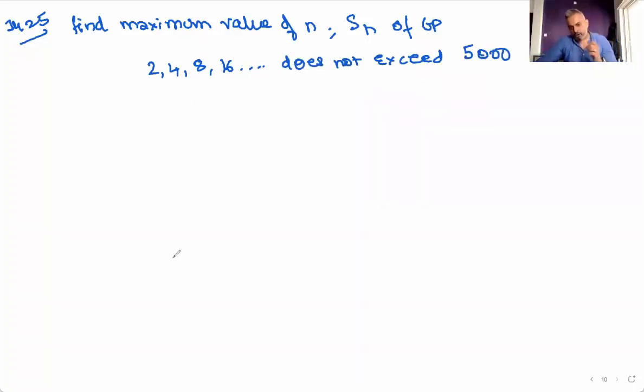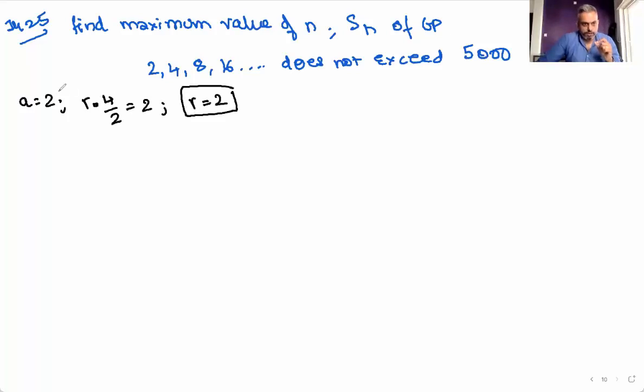Now, very important sum, please pay attention. Over here, A is equal to 2, R is equal to 4 upon 2, which is equal to 2. So R is equal to 2, A is equal to 2. Now, n is what we have to find.